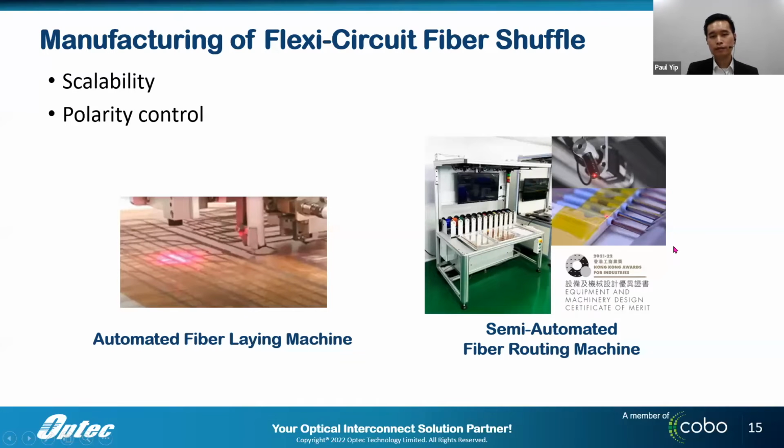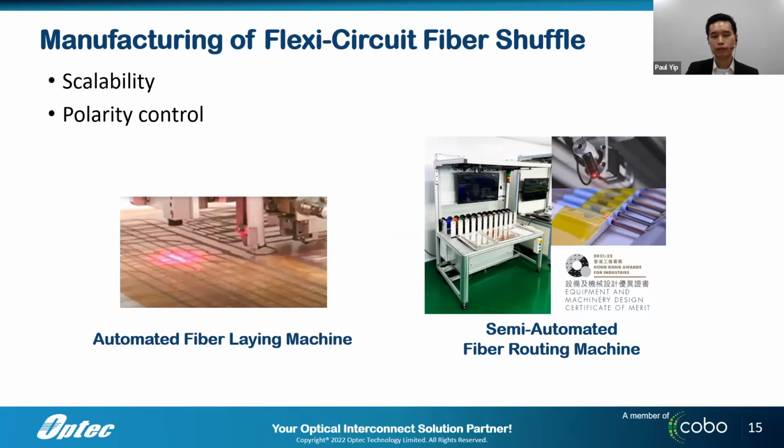So flexi circuit and fiber shuffles are scalable in production. We've been developing since around 10 years ago, and also, of course, the industry has a lot more history about this technology.